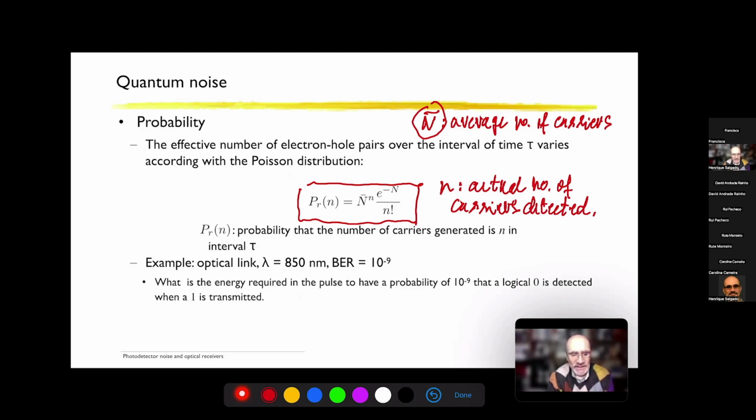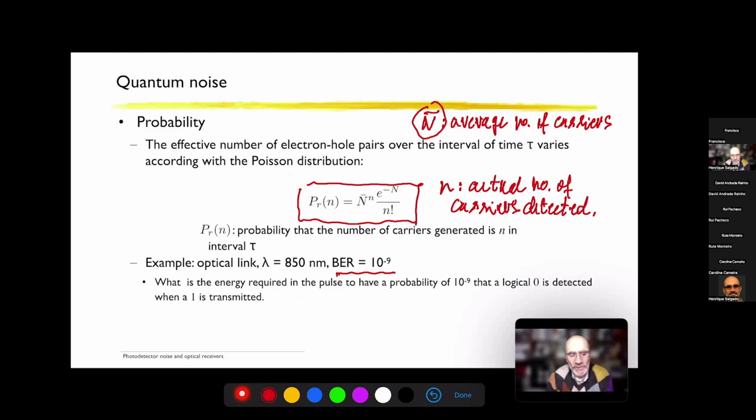Okay. For example, let's see an example. Suppose we have an optical communication system that is operating at 850 nanometers. The bit error rate is 10 to the minus 9.